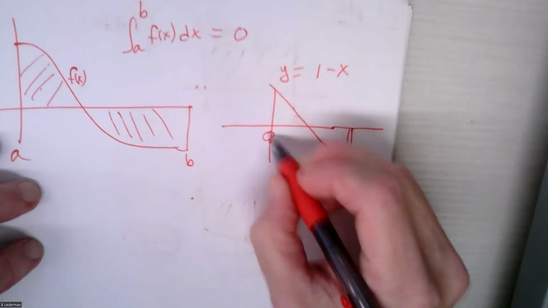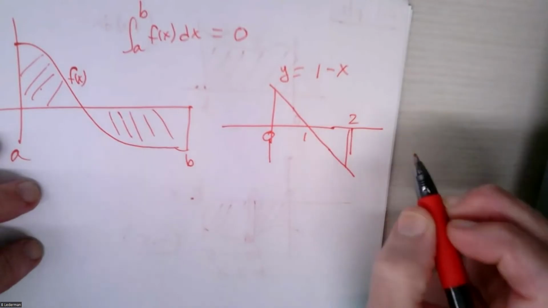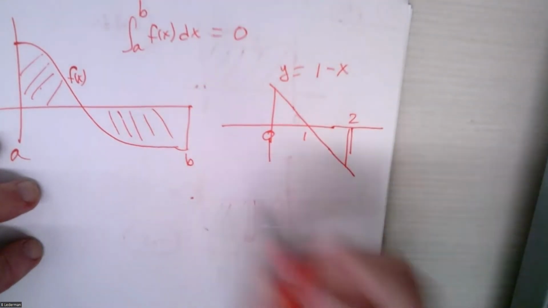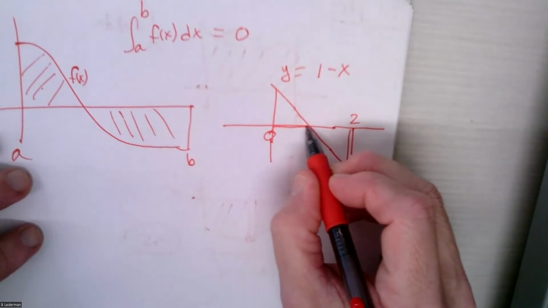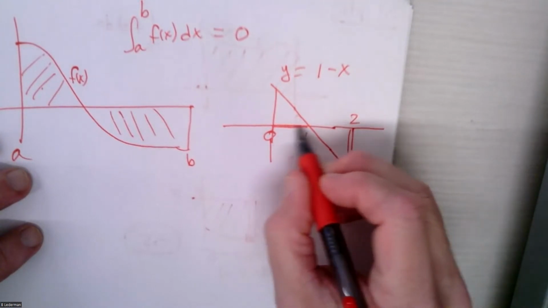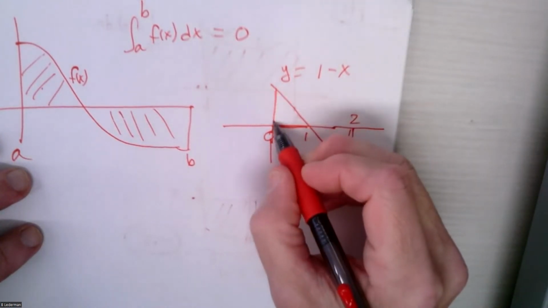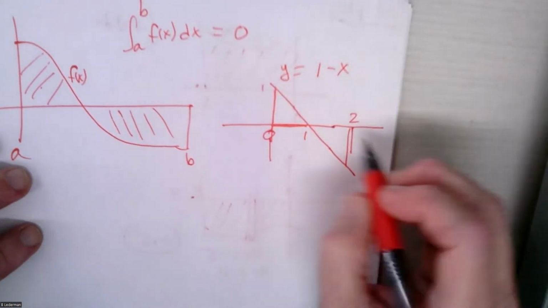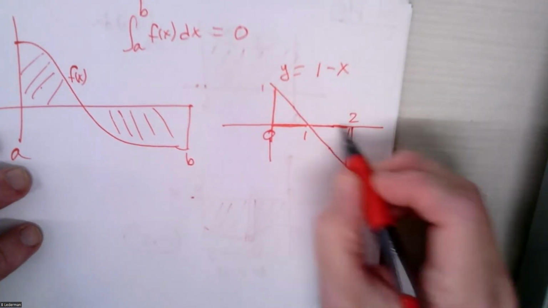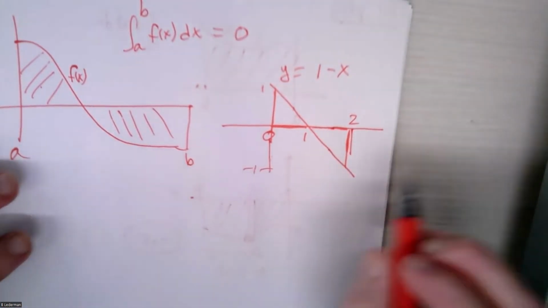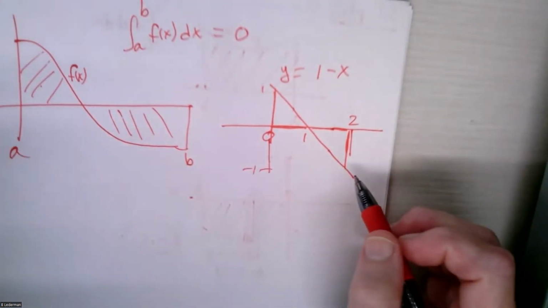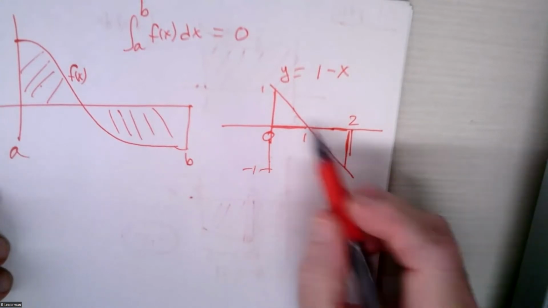So that's 0, and that's 1, and that's 2. Clearly we see from the geometry that this triangle has a base of 1 and a height of 1. That's 1, by the way. Again, geometrically.